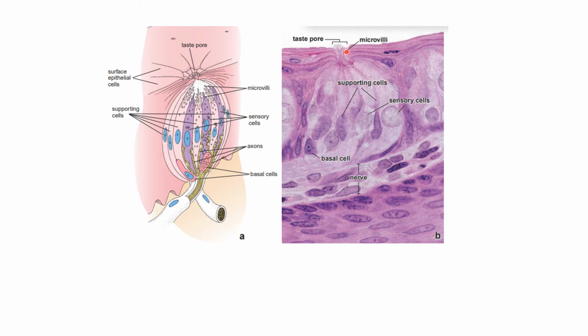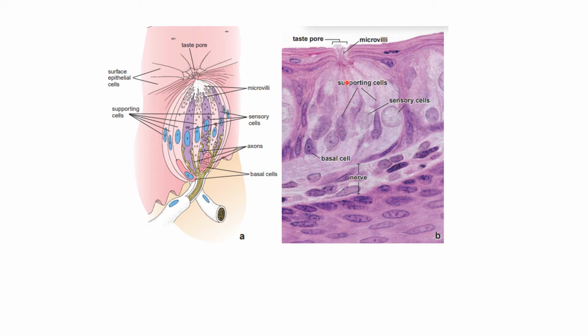On the taste pore, we have the microvilli, and there is a space along which all the microvilli get together and form a trench kind of thing where these meet. Superiorly is the taste pore.